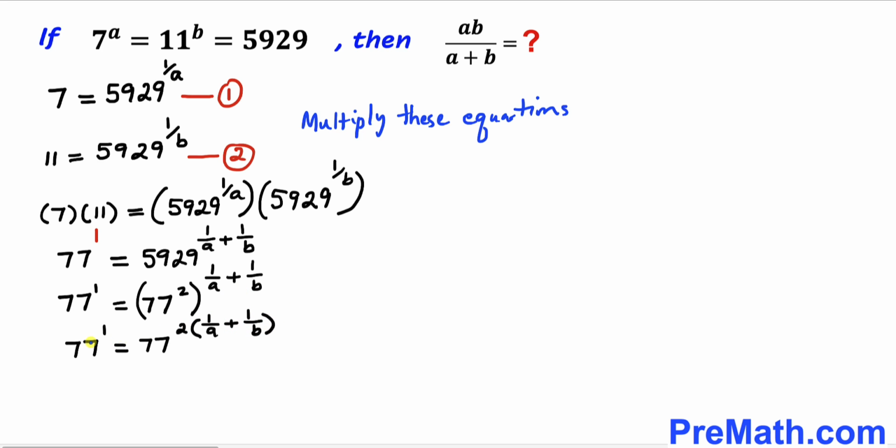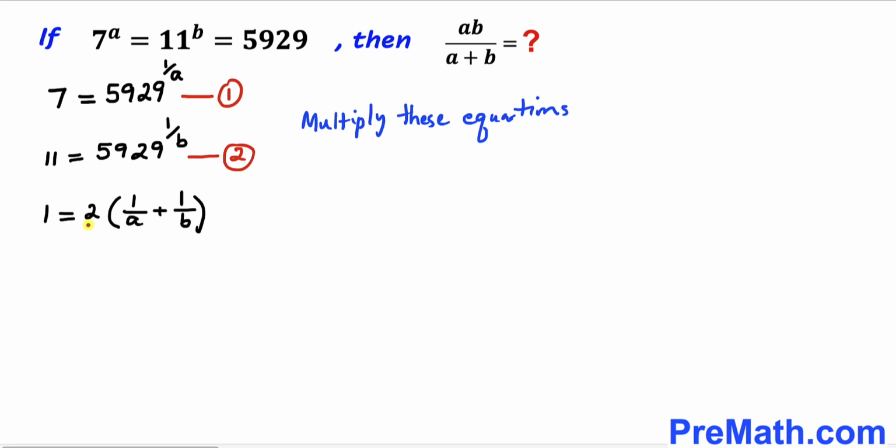And now let's make an observation. We can see our bases are identical on both sides, 77. So therefore we can equate their exponents. 1 equals 2 times 1 divided by a plus 1 divided by b.